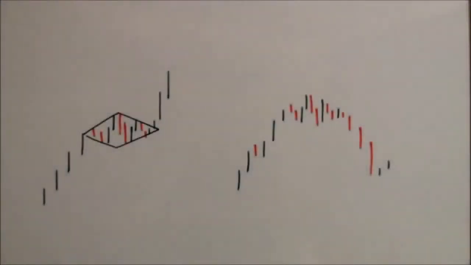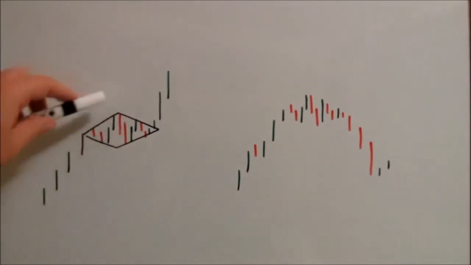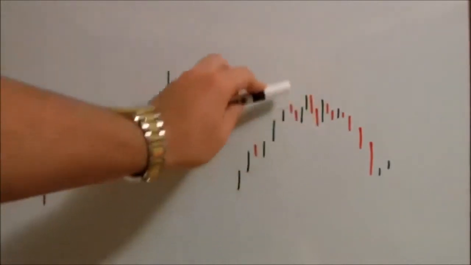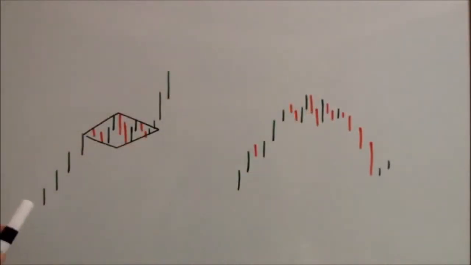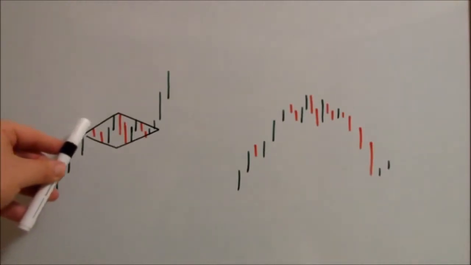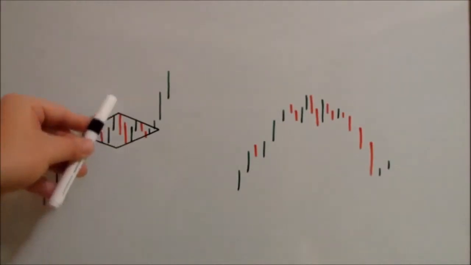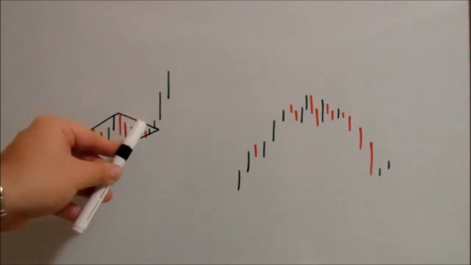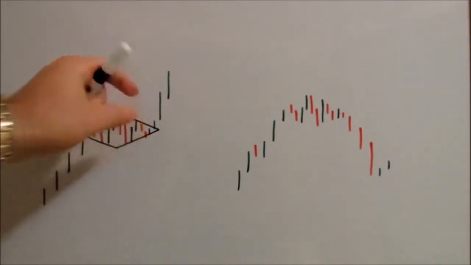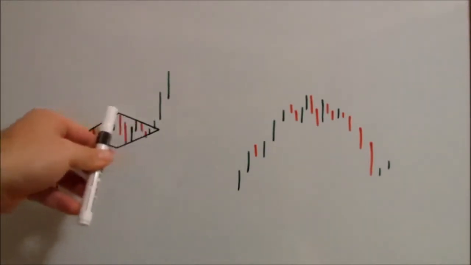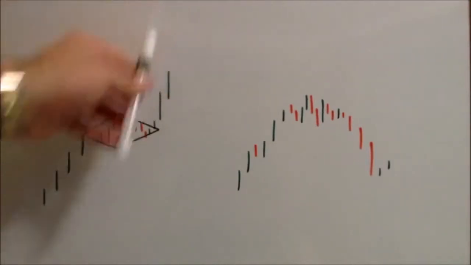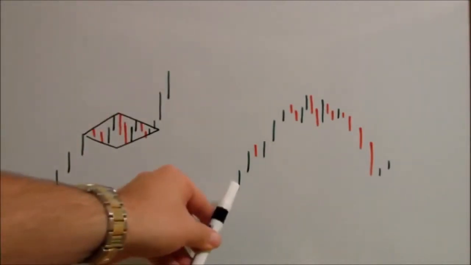You'll find that these patterns are easy to spot because they resemble the shape of a diamond. In both instances here, on one we have an ascending market, the price swings become more volatile and then they contract, a little bit like a coiled spring at the end of a diamond formation, and then you know you're going to get a big price movement.